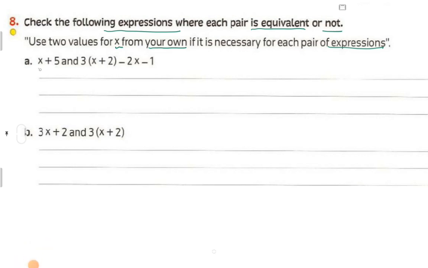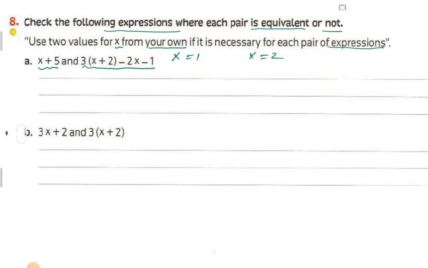Now we have the first one and the second one. I will choose the value of x myself, an easy number like 1 and 2.